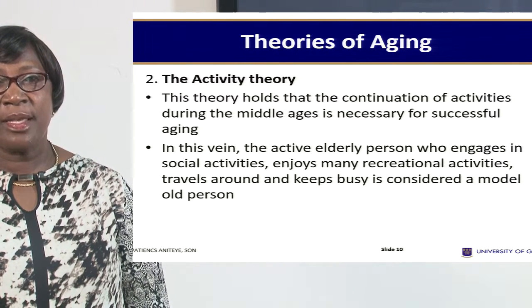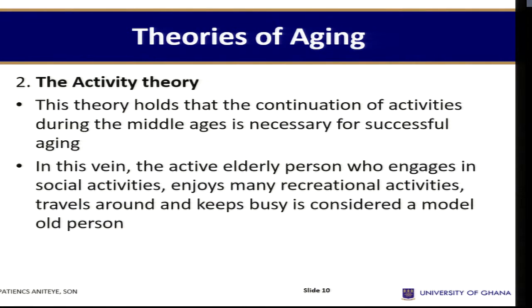We now look at the activity theory. This theory holds that the continuation of activities during the middle ages is necessary for successful aging. In this vein, the active elderly person who engages in social activities continues to enjoy many recreational activities, travels around and keeps busy, and is considered a model old person.